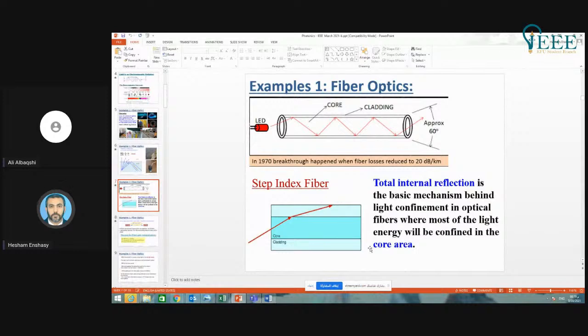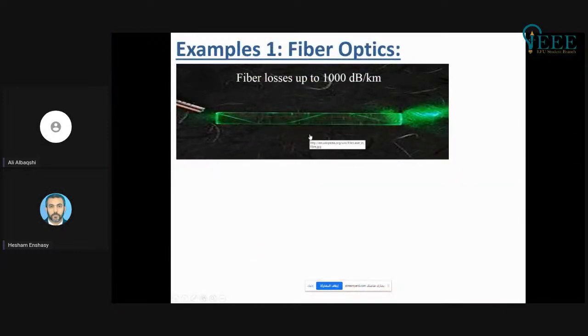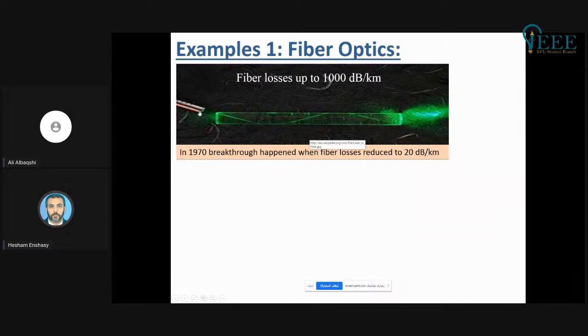So the idea here, if I shine light through a piece of glass like this, and in this case I have a laser which gives green light here, this light, depending on the angle where I shine it in, will be totally internally reflected inside the medium.